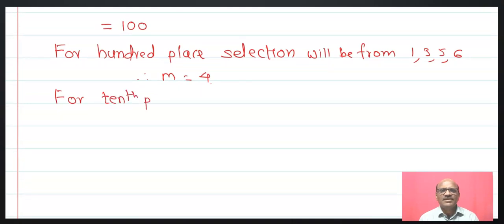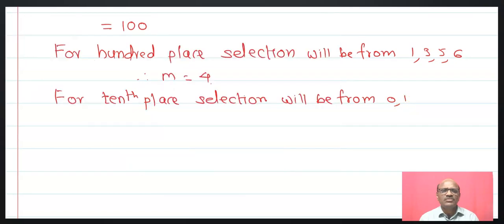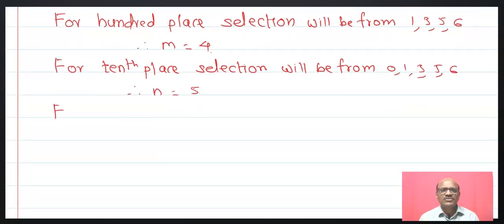For the 10th place, selection will be from 0, 1, 3, 5, 6. That is n is equal to 5.